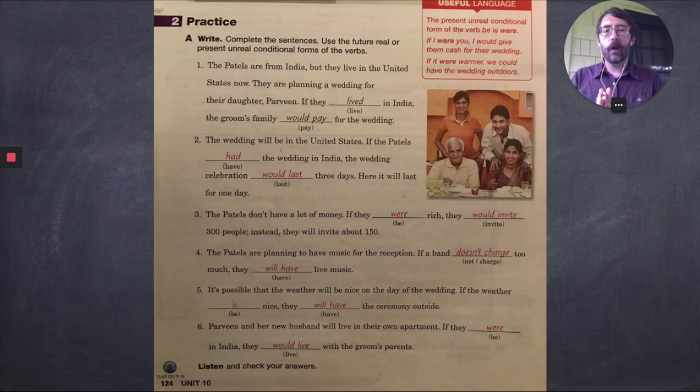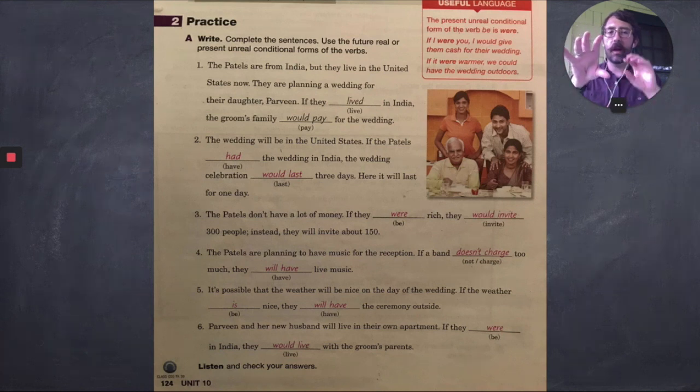So I hope this exercise for you helped show you the difference between unreal and real. Here, they use the unreal and the real to contrast life for the Patels, who live in America, and then it imagined, or it talked about the customs of India, and if the Patels lived in India, this would be true of them.